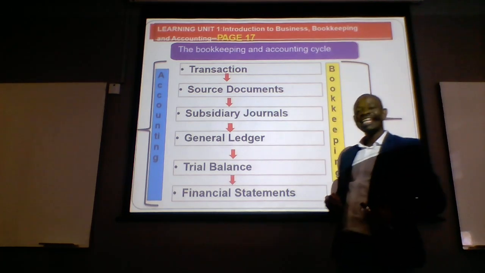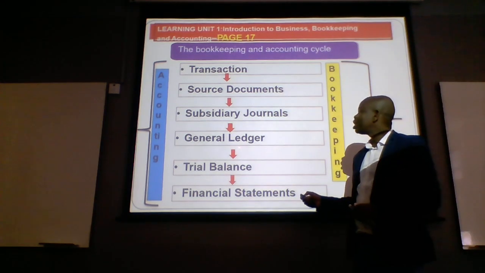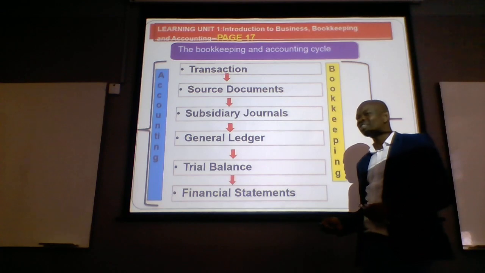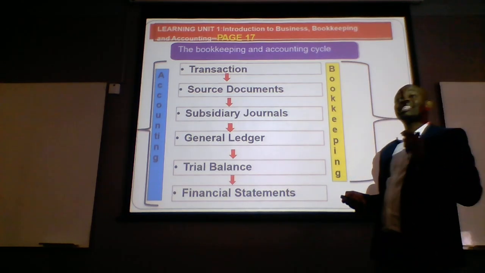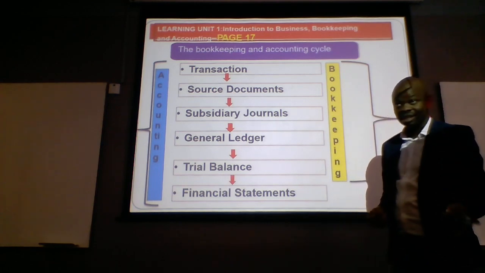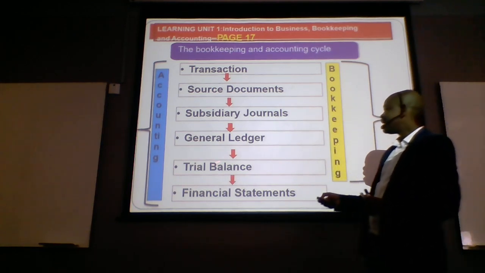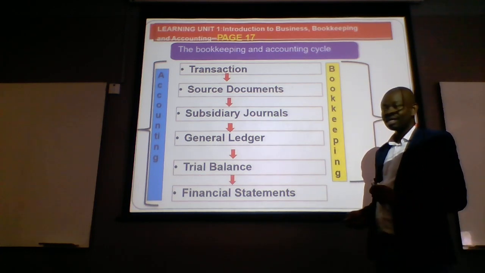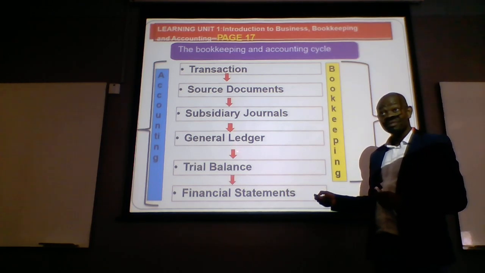After compiling the general ledger accounts, we need to transfer them to what? Trial balance. If I may ask you, do you understand trial balance? A trial balance also has debit and credit. But the main function of a trial balance is to check the correctness of the general ledger accounts.